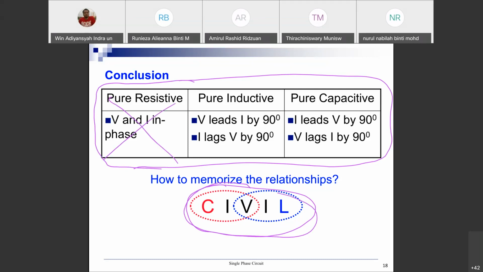Basically, pure resistive has no phase difference, so this CIVIL applies to inductive and capacitive. C means capacitive, capacitor.